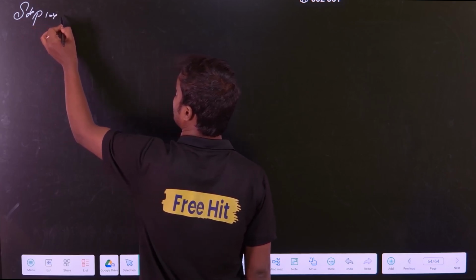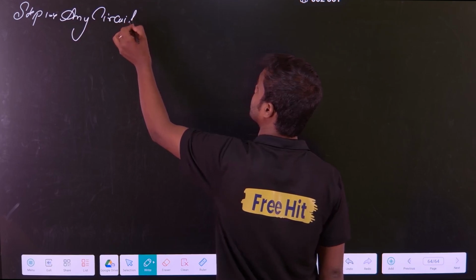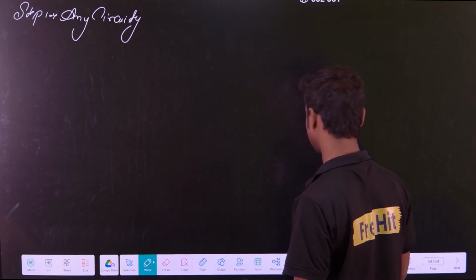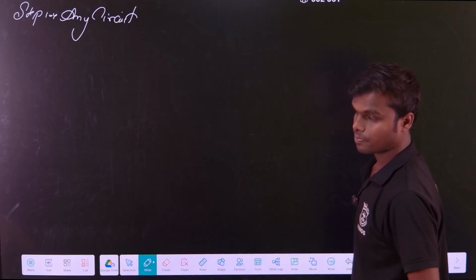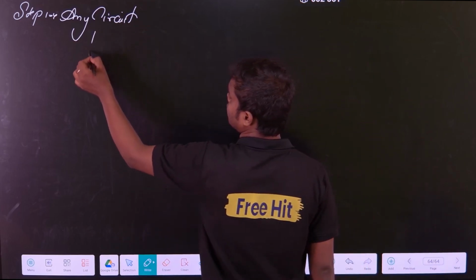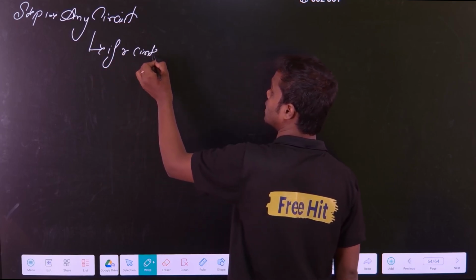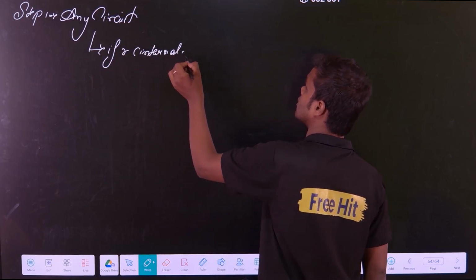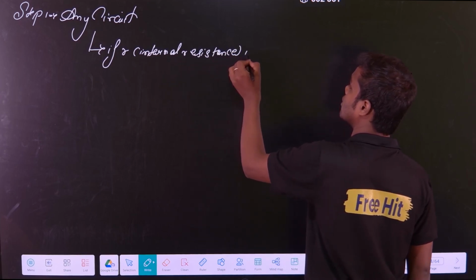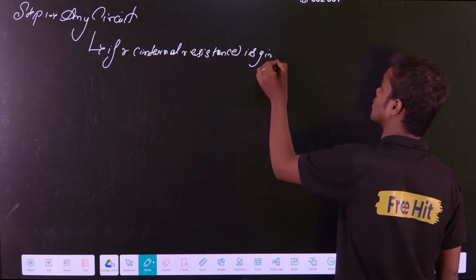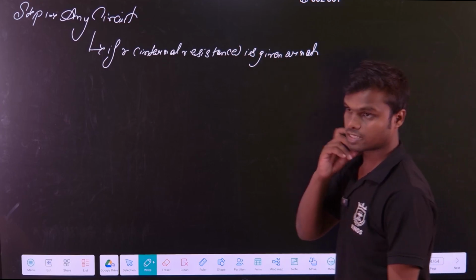Step 1: any circuit is given. First you have to see whether the internal resistance of the battery, small r, is given or not.